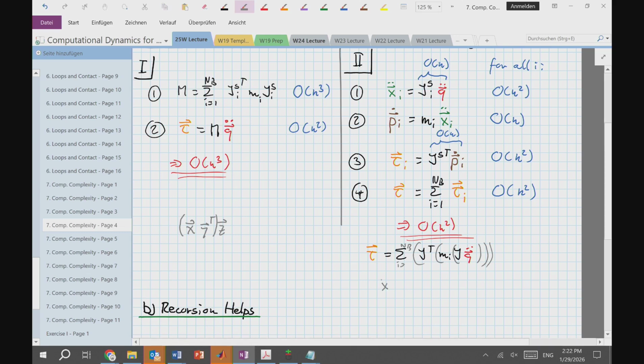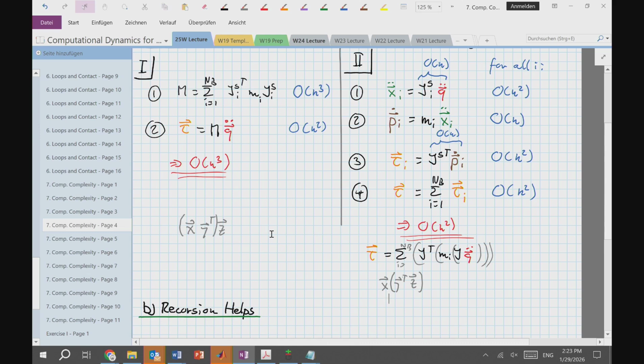And the smart way is to first evaluate the dot products to get a one-dimensional scalar quantity and then scale the vector. And we do exactly this.